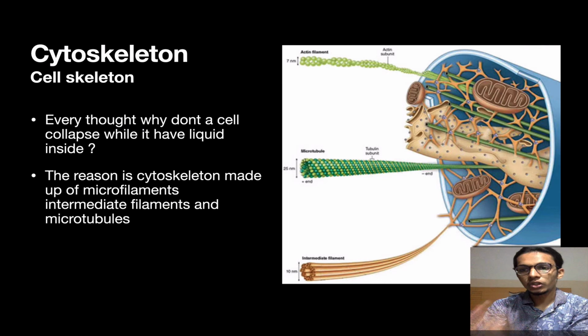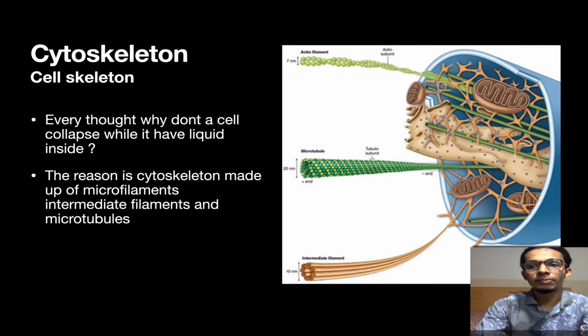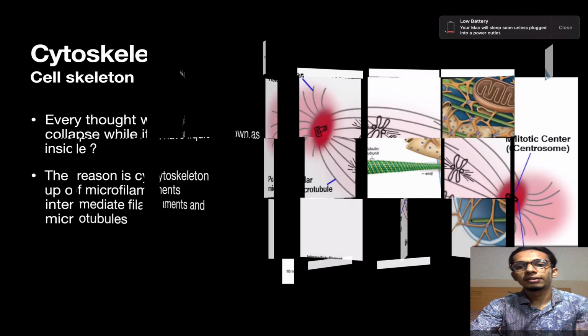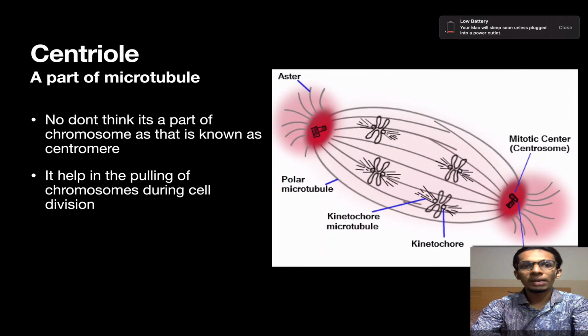Whenever you push your arm, the cells may burst out. Some 3 or 4 cells might burst out, if that's the concept. But they do not burst because they have a cytoskeleton made up of microfilaments, intermediate filaments, and microtubules. These are strong filaments. They have elastin and a certain sort of elasticity which helps them not to burst and sustain pressure.